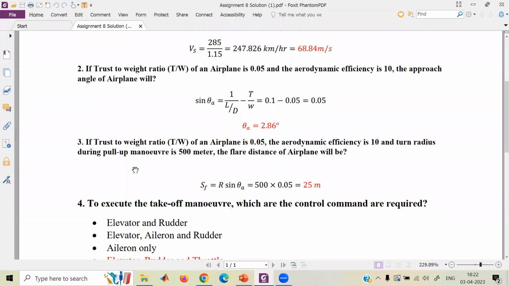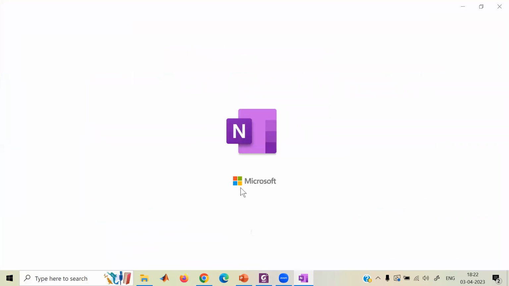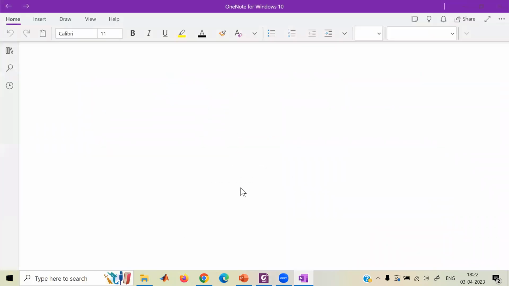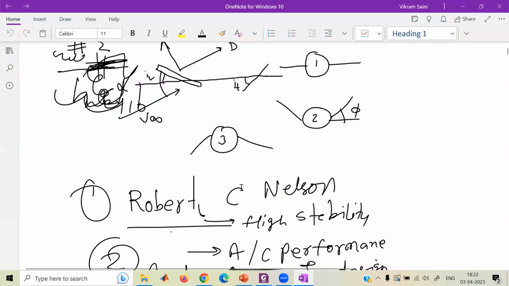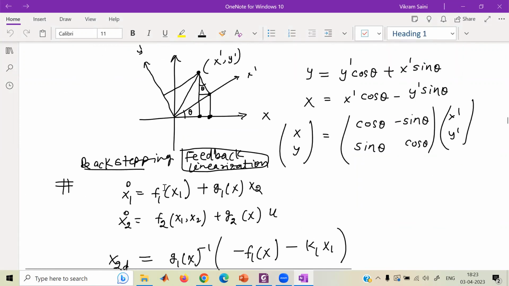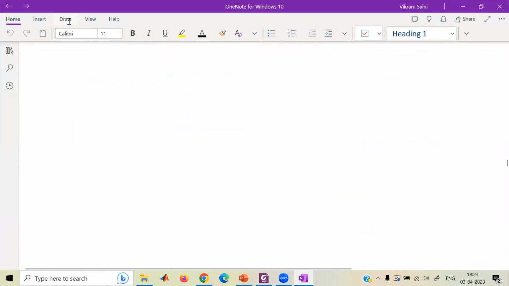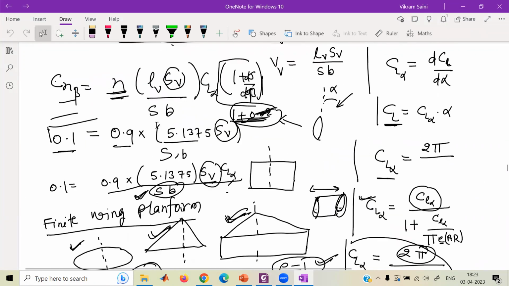So what is turn radius and what is pull-up? The turn radius is the radius that the aircraft will follow if its elevator input is given so that it will climb up and make a whole loop. Right. What is happening here?